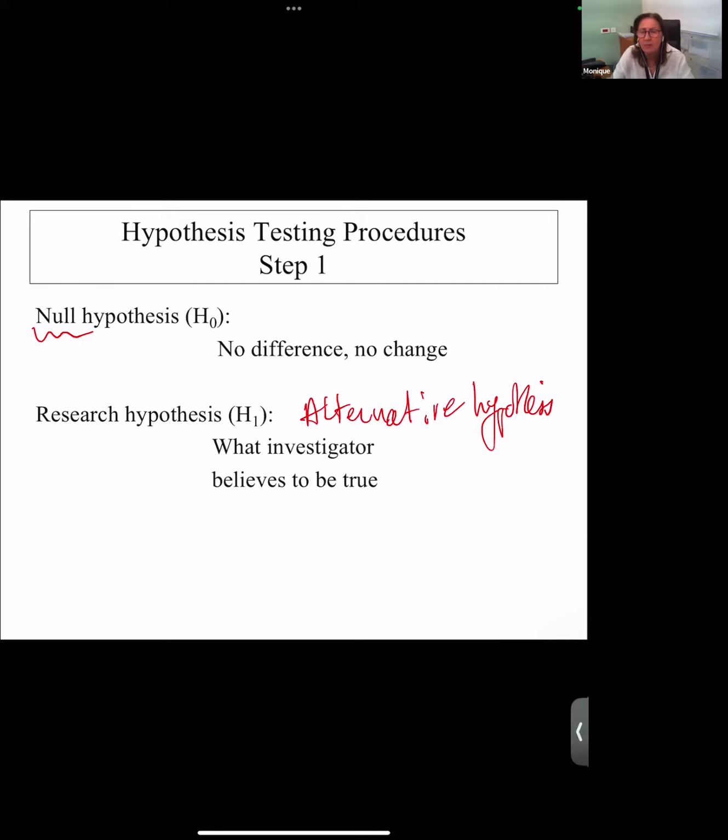So it's called a research hypothesis, alternative hypothesis, or actually what you expect to find as a relationship, an association, a difference, a change. Of course, this is what you expect. This is what you want. But there's always one hypothesis that's called the null, where you expect no difference. So there is the null, H0, and you have to state it.